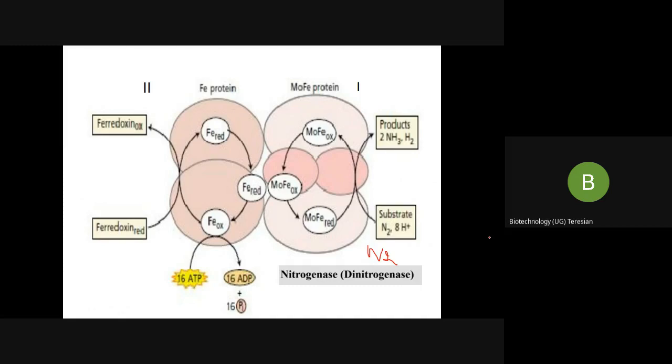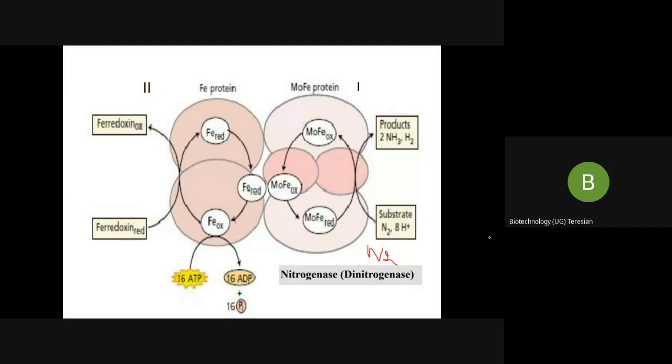And who is bringing about the conversion? It is brought about by the microorganism. It can be a free living microorganism or a symbiotic microorganism. We will be specially dealing with the symbiotic rhizobium.